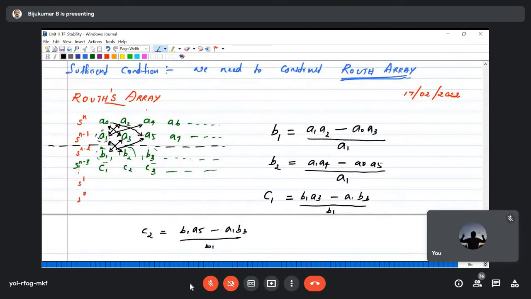And what Routh is telling is, after filling all the values, take the first column. So this is the first column, right? According to the Routh array, if there are any sign changes in these values, then the number of sign changes in the first column is equal to the number of roots in the RHP.